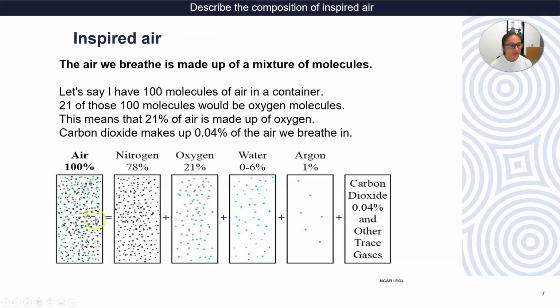If we have a look at air as being 100% of gas molecules, 78% will be nitrogen, and so on, okay? As you can see, the air that we breathe is made up of a mixture of gases all together.